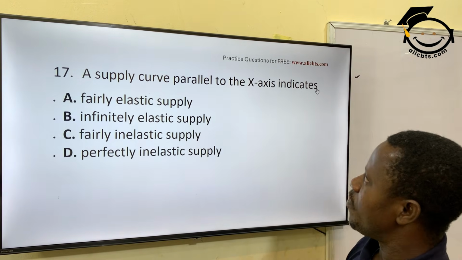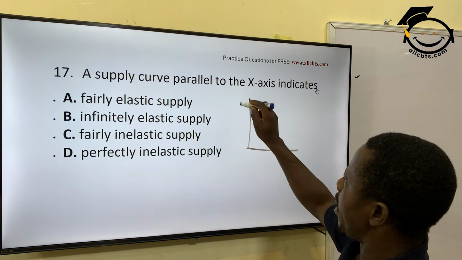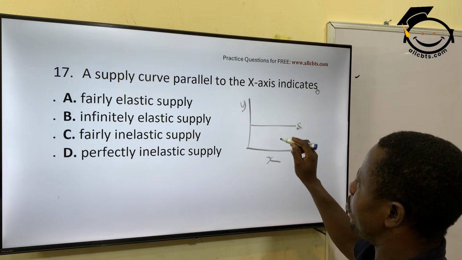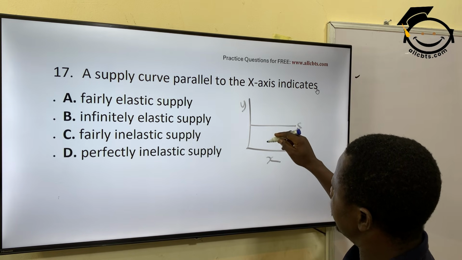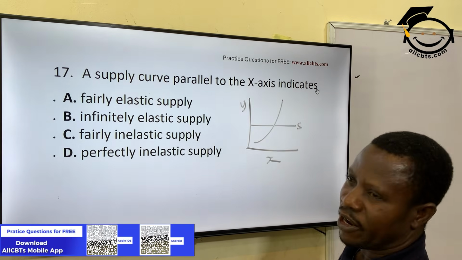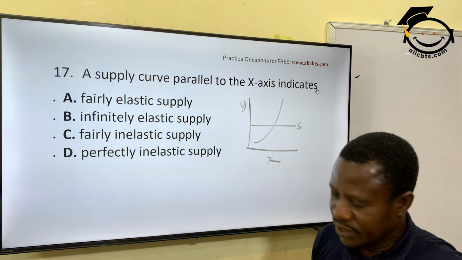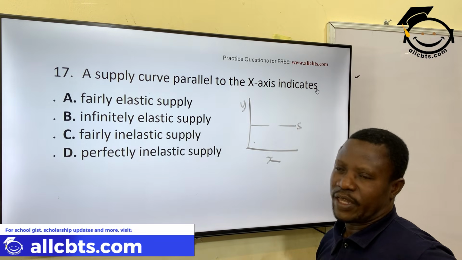A supply curve parallel to the S-axis indicates: this is the Y-axis, this is the S-axis. When the supply curve is like this, mind you, the supply curve normally should be like this. Alright? But when the supply curve is parallel to the S-axis, that is horizontal, what do you call that?